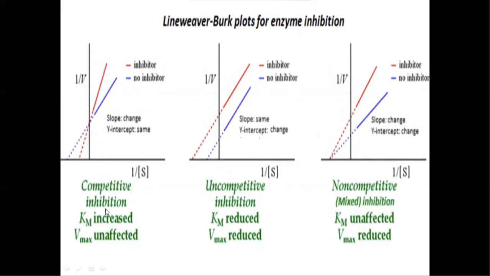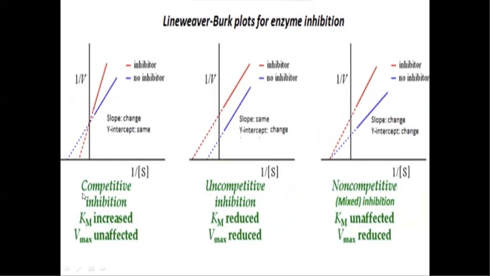In competitive inhibition, the non-inhibited enzyme and the inhibitor attach at the same position. That means the Vmax value will be unaffected. It will be the same for the inhibitor as well as for the enzyme which doesn't have any inhibitors.